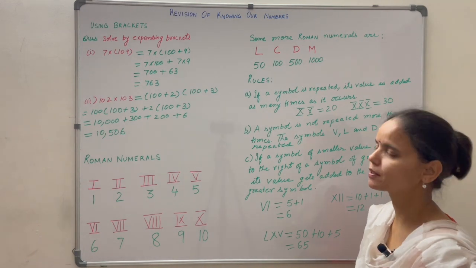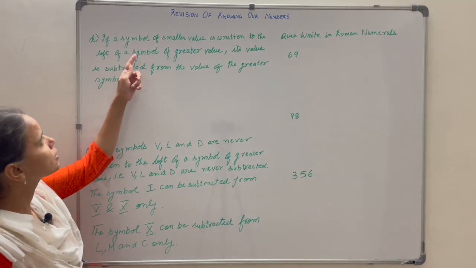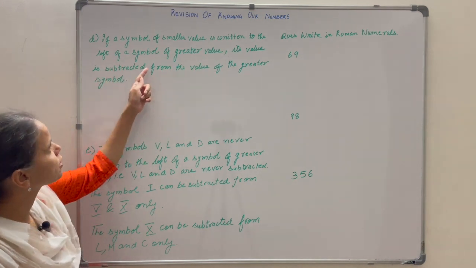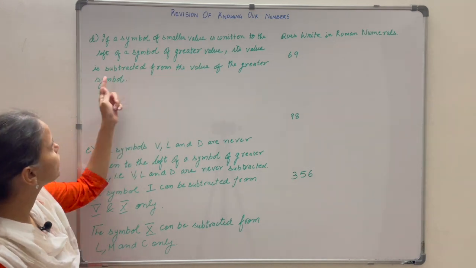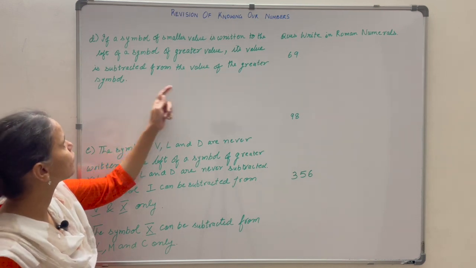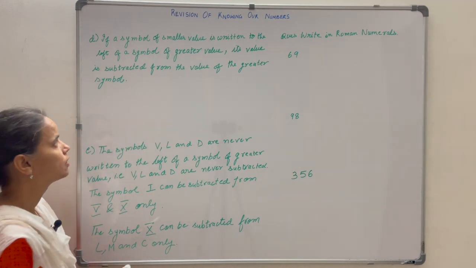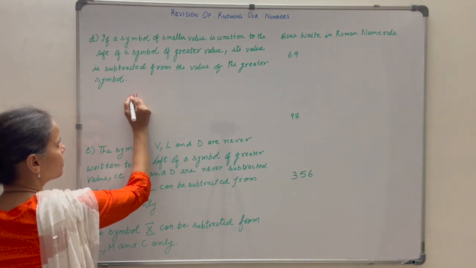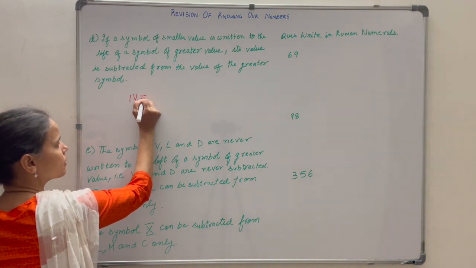Let us look into some more rules. If a symbol of smaller value is written to the left of a symbol of greater value, its value is subtracted from the value of the greater symbol. So here V is the greater symbol and this I is the smaller symbol.